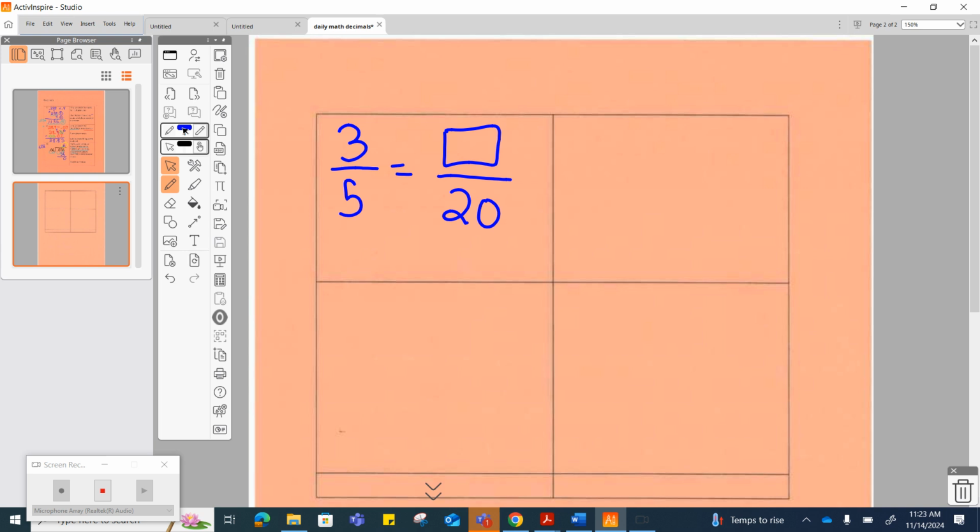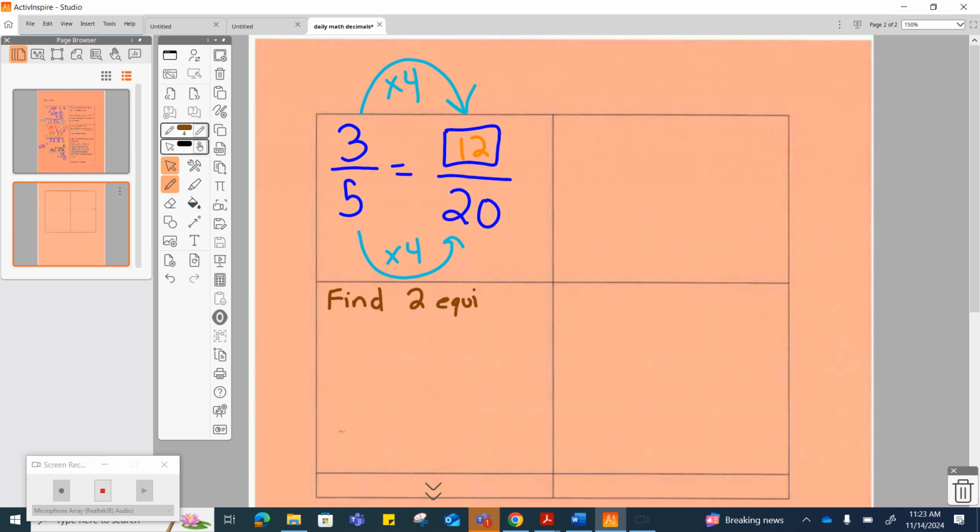And I realize that to get from 5 to 20, I'm multiplying by 4. Whatever I do to the denominator, I need to do to the numerator. Let's do that one. And 3 times 4 is 12. 12 is my answer.